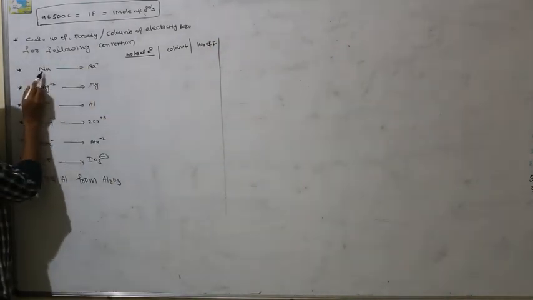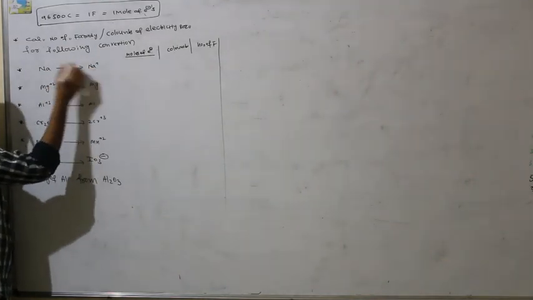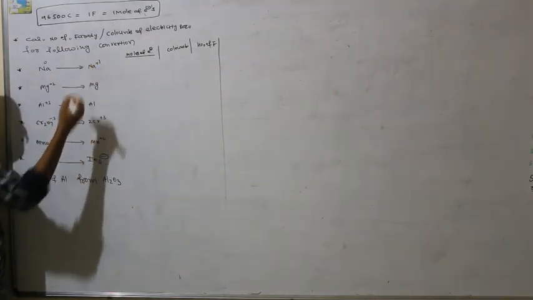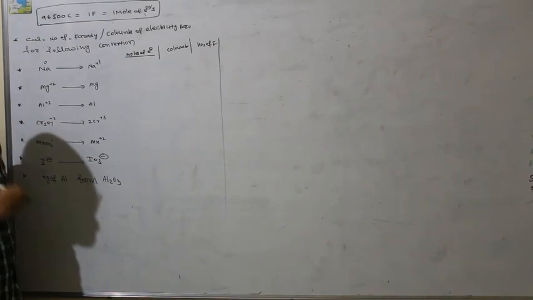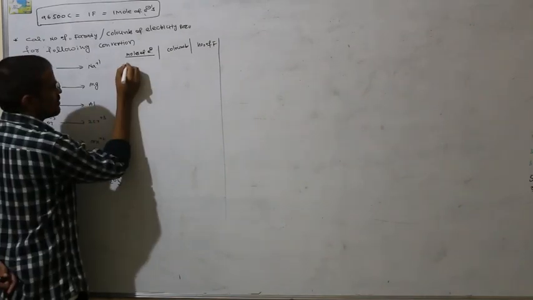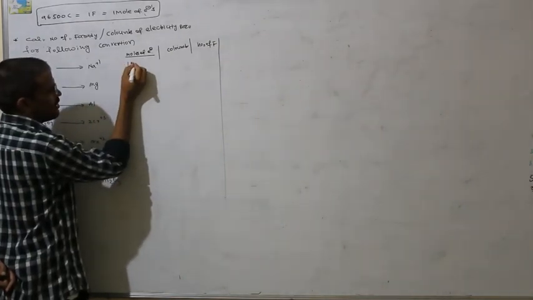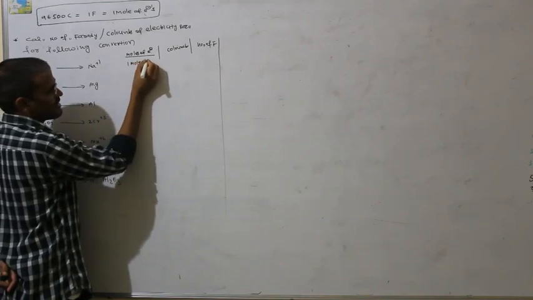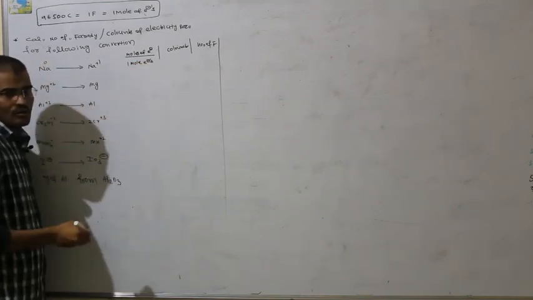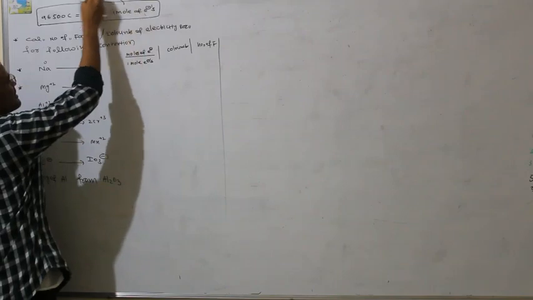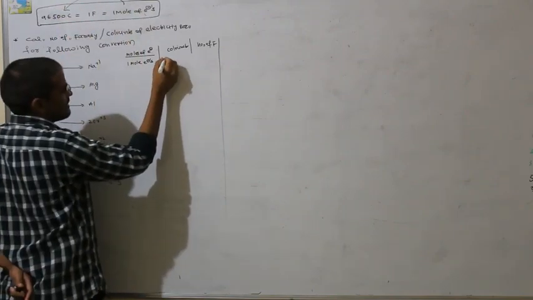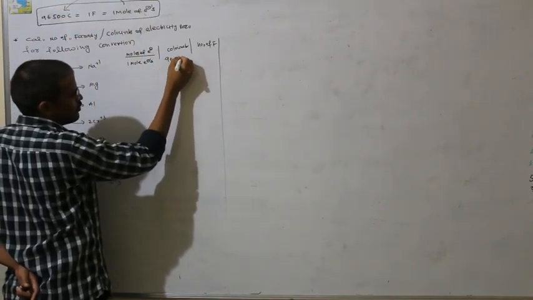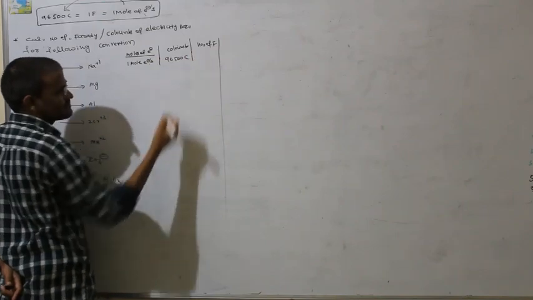Look at sodium becoming sodium plus 1. So 0 to plus 1. Change in oxidation state is 1 unit. That means how many electrons are involved? 1 mole of electrons, which is nothing but 1 Faraday or 96500 coulombs of electricity.